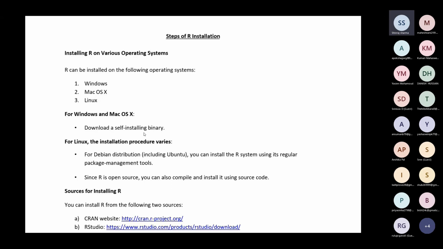Self installation library is just like other software that we install on Windows, where by just clicking next, next, next, you can install it. And for Linux, there is a different process for installing R.